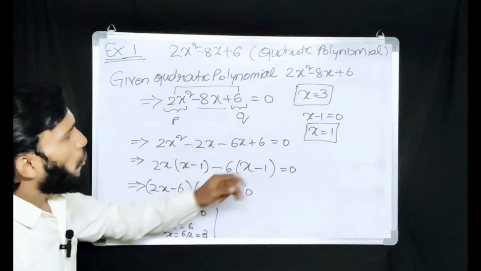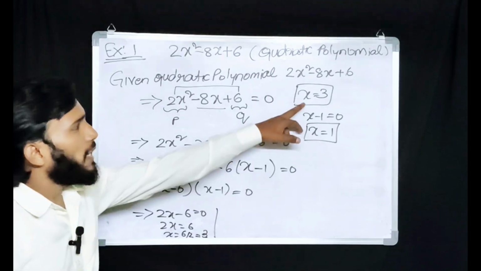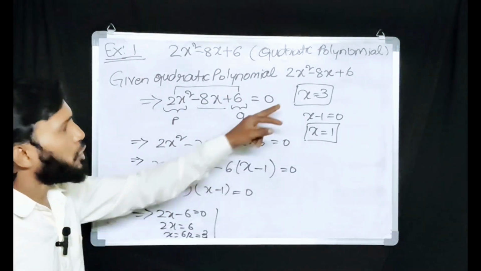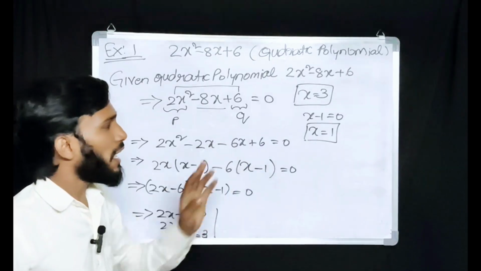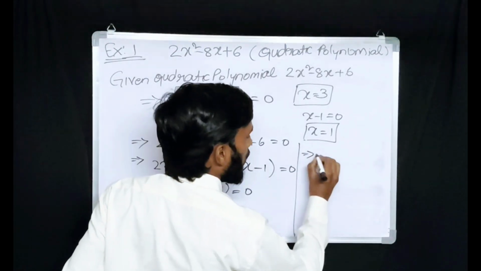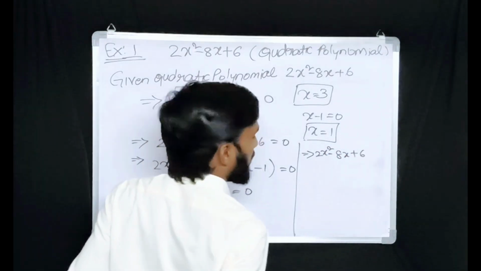Now we have to check whether these are the correct zeros or not. How to check? By substituting these x values in this polynomial. If the polynomial becomes 0, that means these are the correct zeros. So write the polynomial: 2x square minus 8x plus 6.